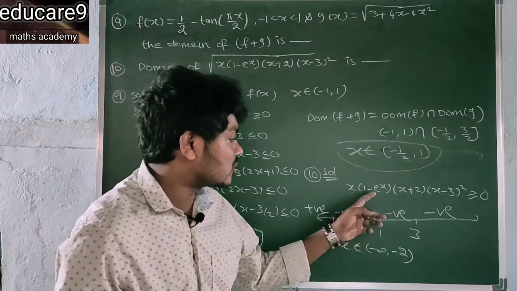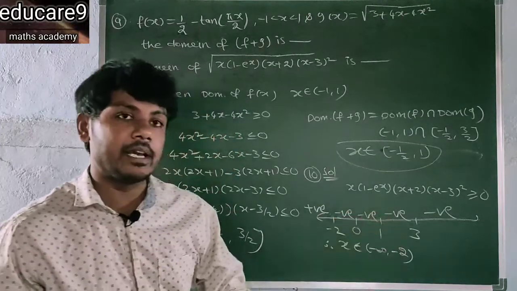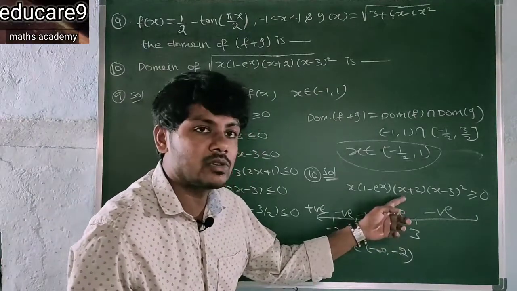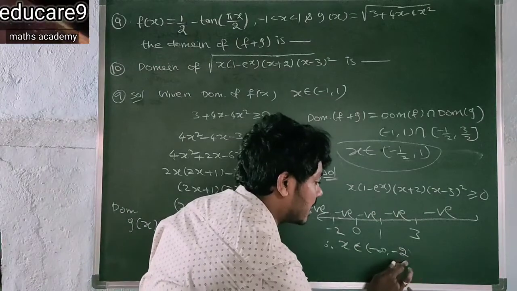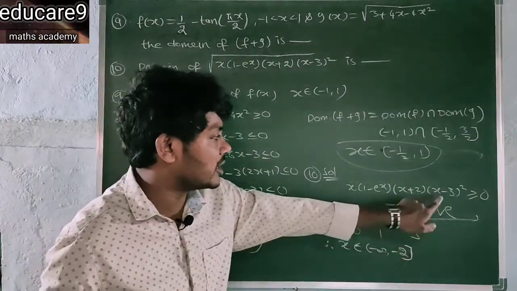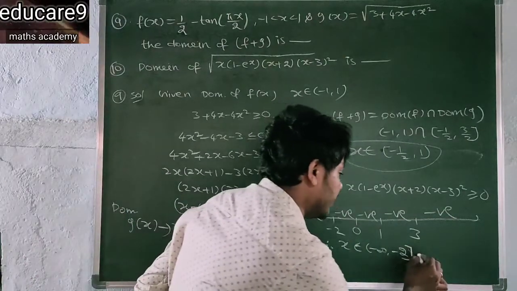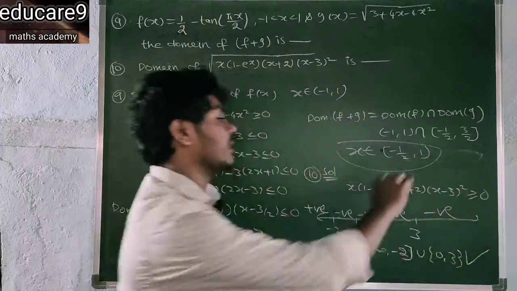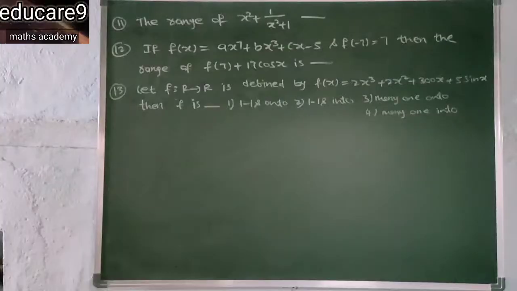And at x equal to 1, does it become 0 or not? No. At x equal to minus 2, it becomes 0. So write here a closed bracket. At x equal to 3 also 0. So union 0 comma 3. So this is the domain of the given function.